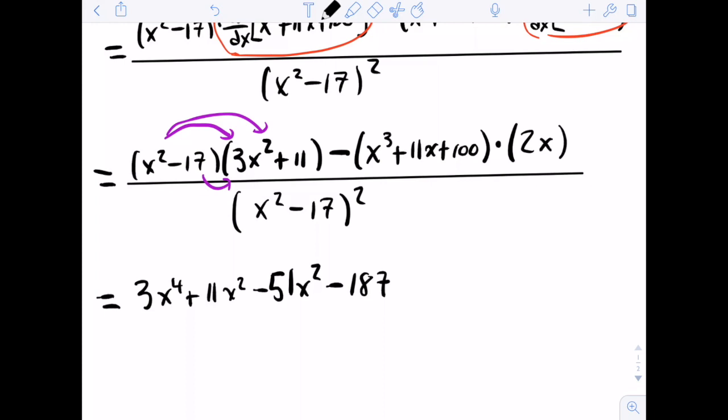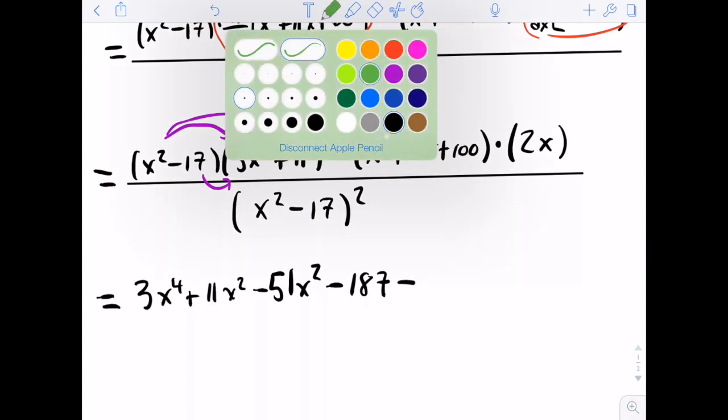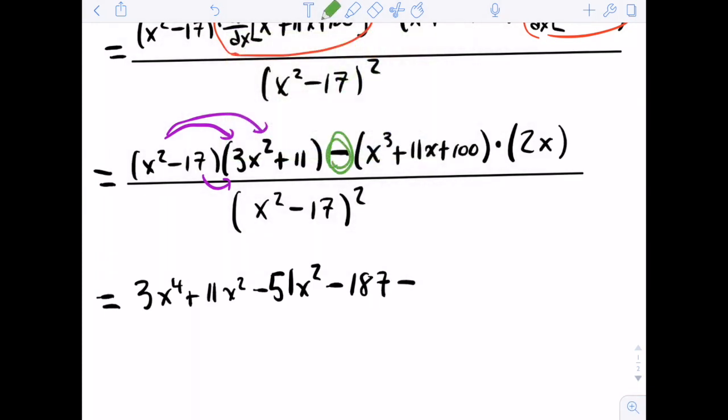So that's distributing the first part. Then you've got this negative sign coming from right here, and that's going to dictate a lot of negative signs over here. So when we distribute over here, we end up getting minus 2x to the 4 minus 22x squared minus 200x.